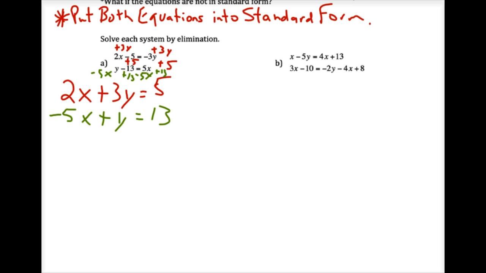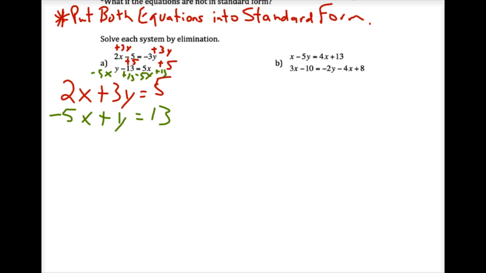Nico, what's your question? Because you weren't here yesterday. I want to make sure we're clear on the numbers. What are the numbers for what? Of x's. What's the least amount of x's we could make so that we can eliminate them? The y's would be 3. So the x's.